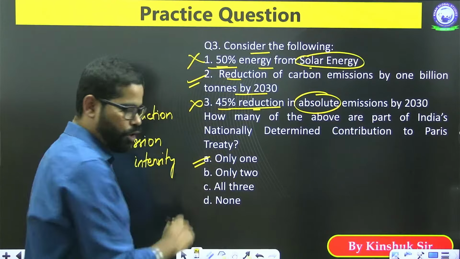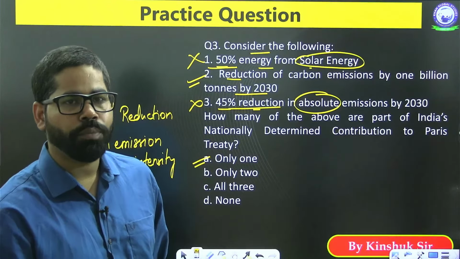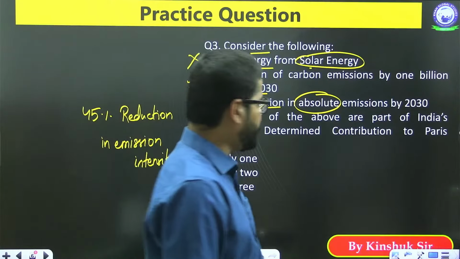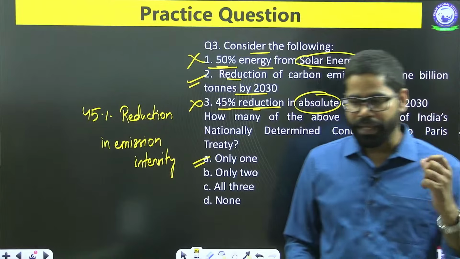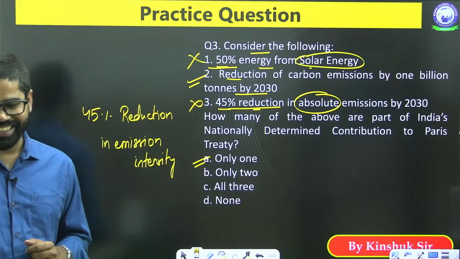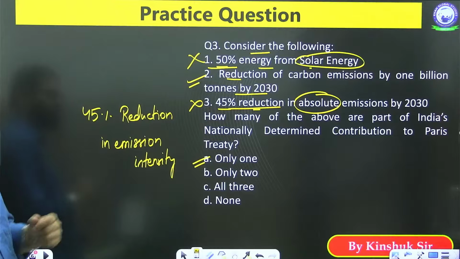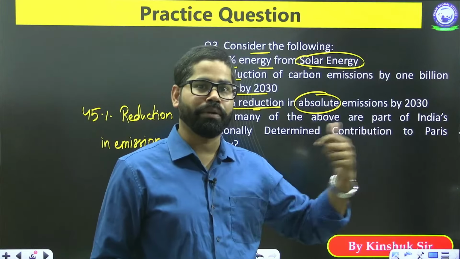The answer will be A option, that is only one. It will not be B, it will be A. So here everyone is incorrect. It is not from solar energy only, it is from renewables.